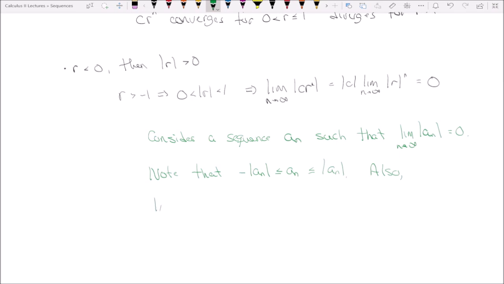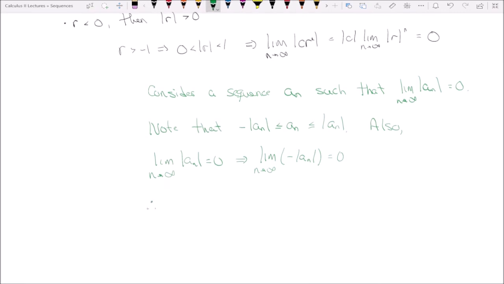Also, the limit as n goes to infinity of the absolute value of a sub n is 0, which implies that the limit as n goes to infinity of negative absolute value of a sub n is also 0. And so by squeeze theorem, we can conclude that the limit as n approaches infinity of a sub n itself is 0.